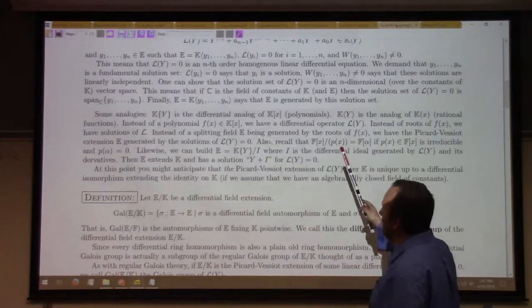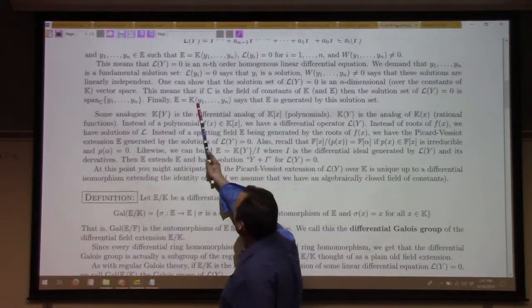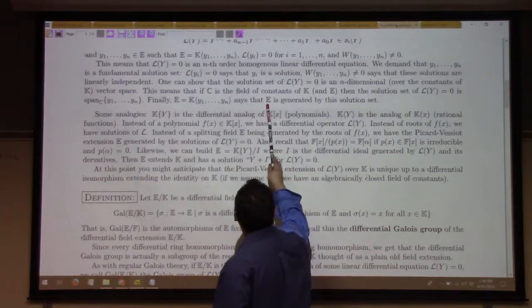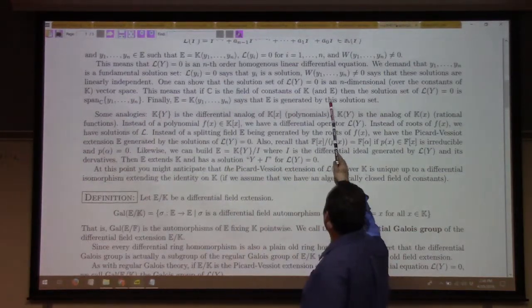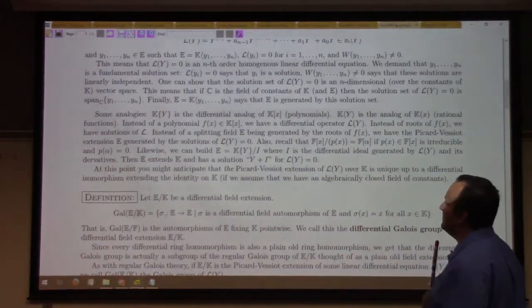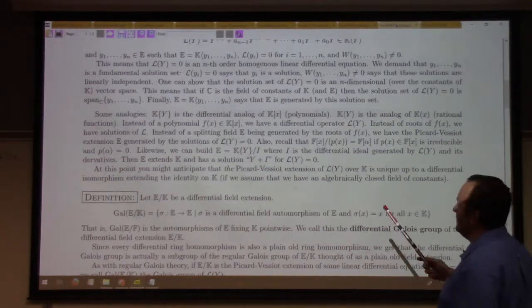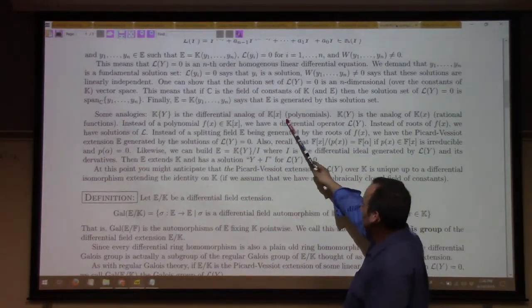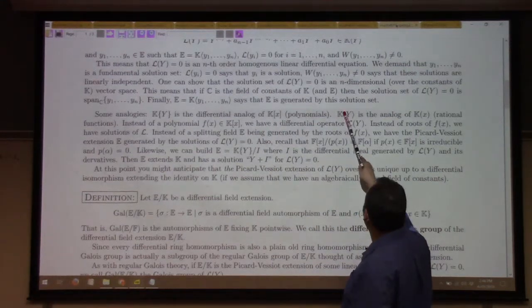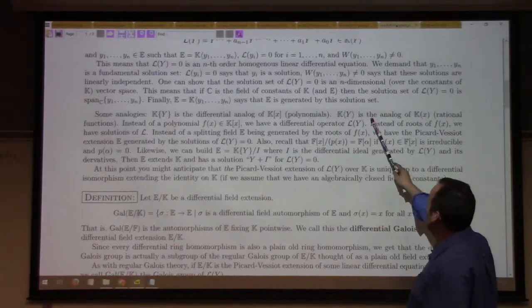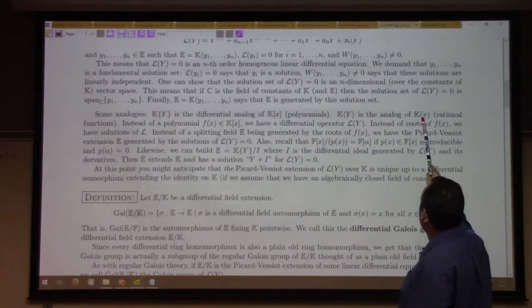Finally, if E is equal to the differential field generated by y1 through yn, then we say E is generated by this solution set. Some analogies: K with curly brackets y is the differential analog of polynomials. This is like the rational functions, in other words, kind of like the field with x in it.